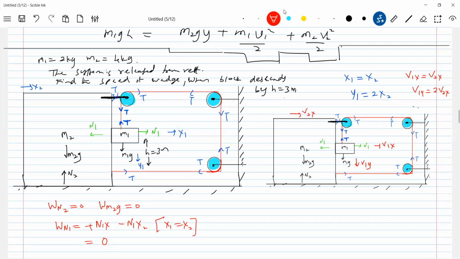Got it? Similarly, come to the tension. Net work done by tension. Tension does negative work on the block M1, no? So minus T into y1. Then what about the tension? Tension is acting at 2 points, here as well as here. 2T into x2.